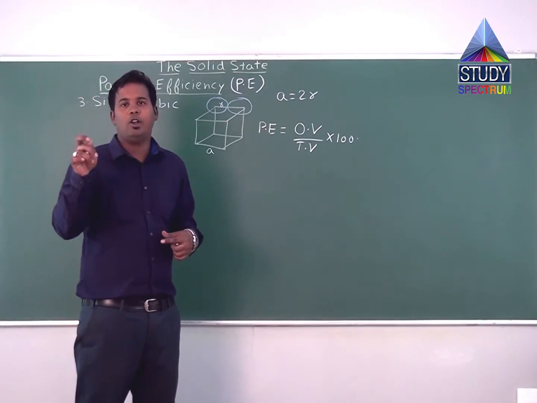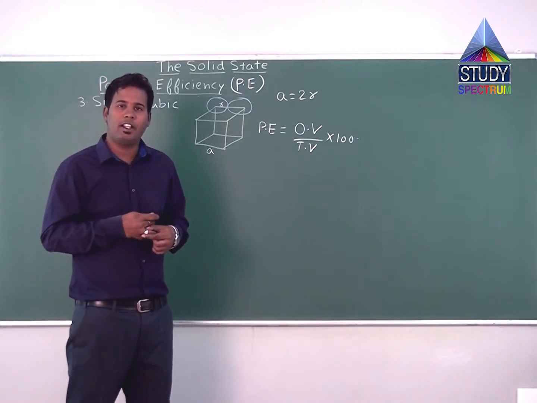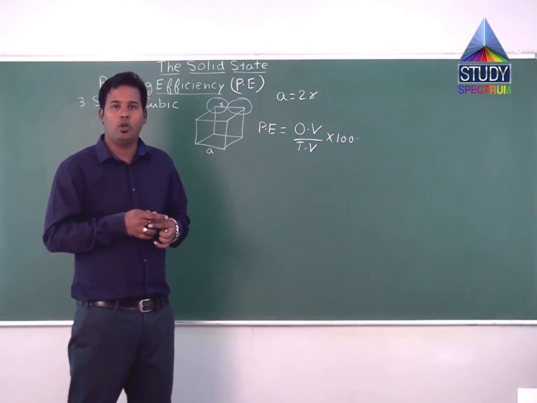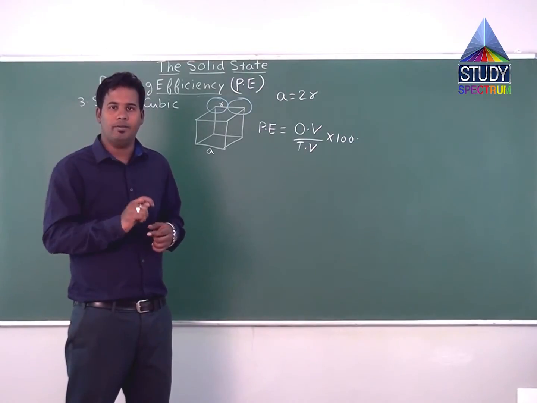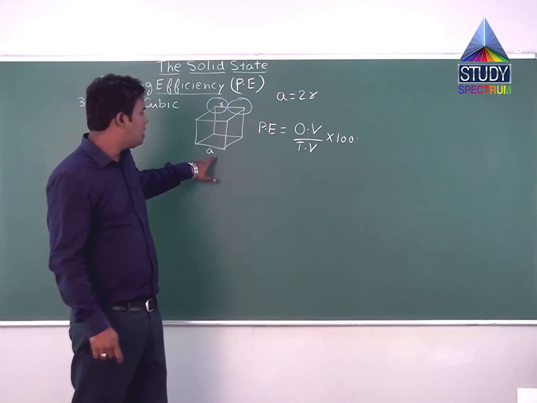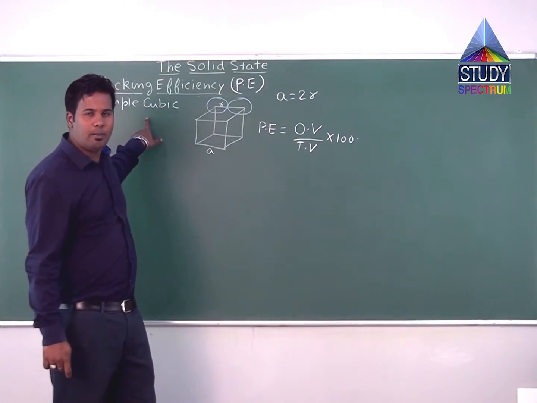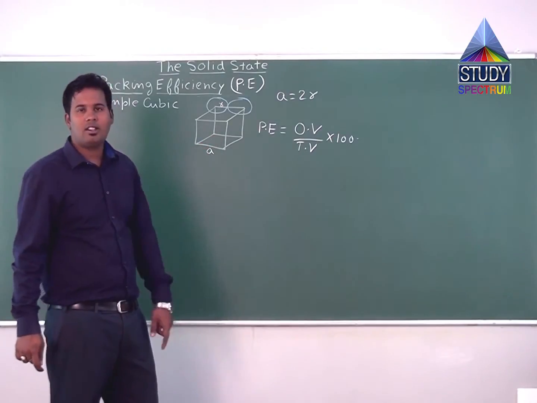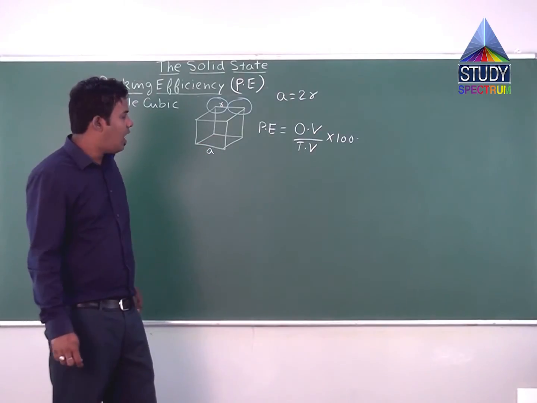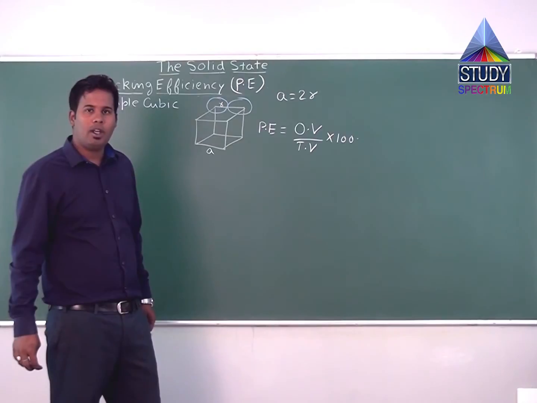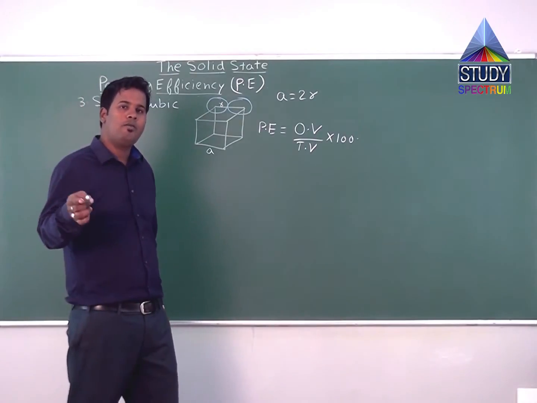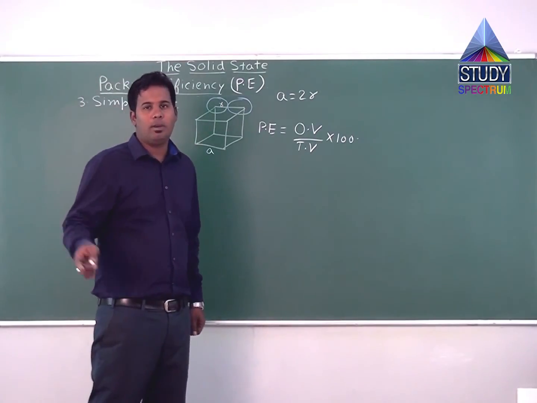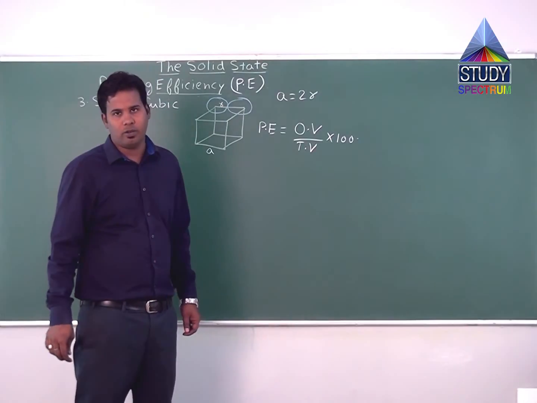It means 8 into 1/8. The 8 gets cancelled, and then the effective number of spheres becomes 1. So this type of unit cell, simple cubic lattice or primitive cubic unit cell, basically consists of one effective sphere, and the occupied volume will now become simply 1 into the volume of a sphere, that is 4/3 pi r cube, as we have seen in earlier cases also.